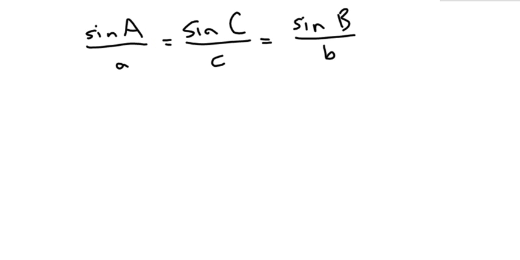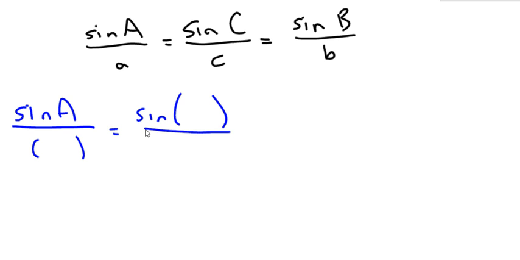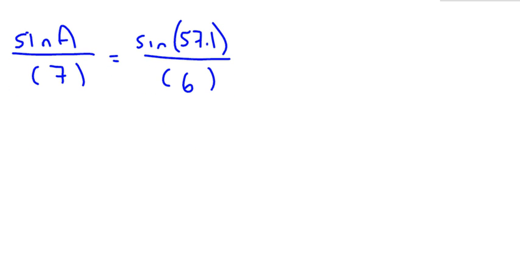So I'm going to do sine A over side A equals sine C over side C. So make sure I get those values right. This was 57.1 and this was 6. And side A was the side that I called 7 centimeters. Okay, so there's my proportion. So I'm going to solve by cross multiplication.